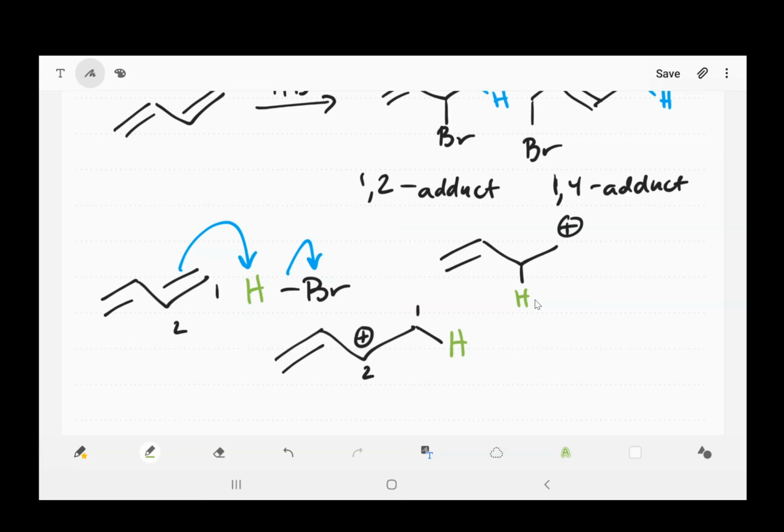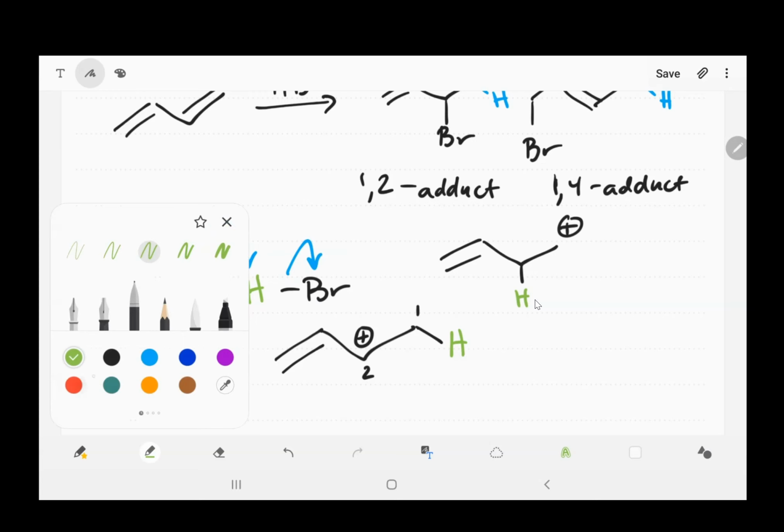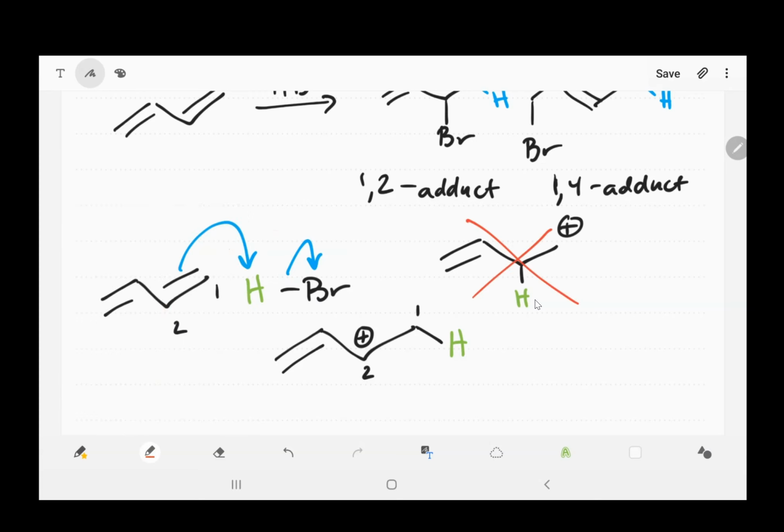So big no-nos here. Don't ever form that guy. Remember that in this process, you will form the more stable carbocation. This is from chapter 7, so you may want to refer back to that addition to alkenes, just to remember this kind of process. But suffice it to say, you get this kind of intermediate here.